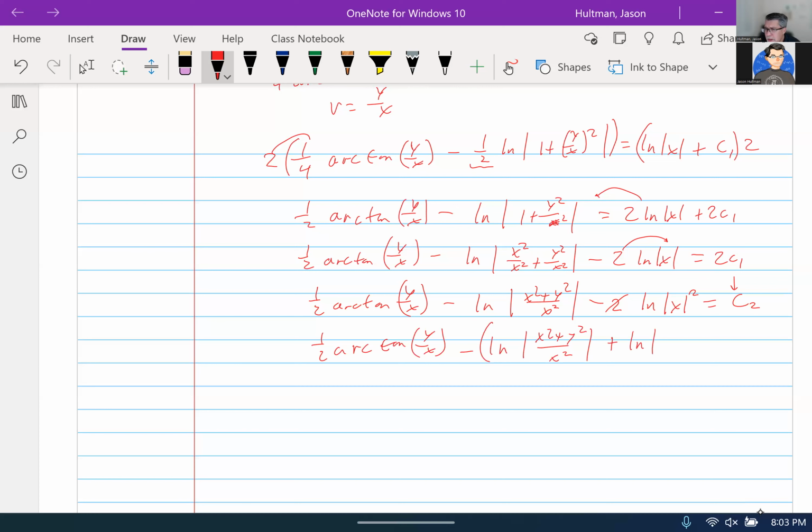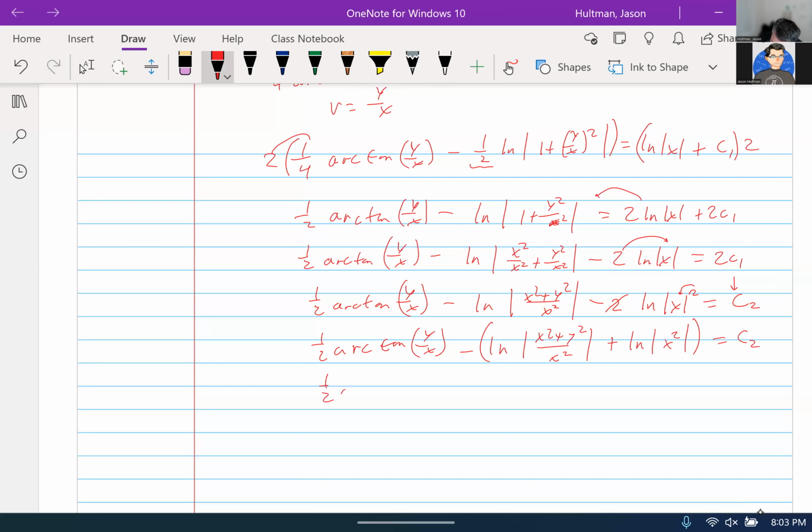If I absolute value x, that's positive. If I square it, it's positive. So regardless of what I do, I can bring that x squared in the absolute value bars. It's not going to change the result because it's going to force everything to be positive anyway. And that equals C2.